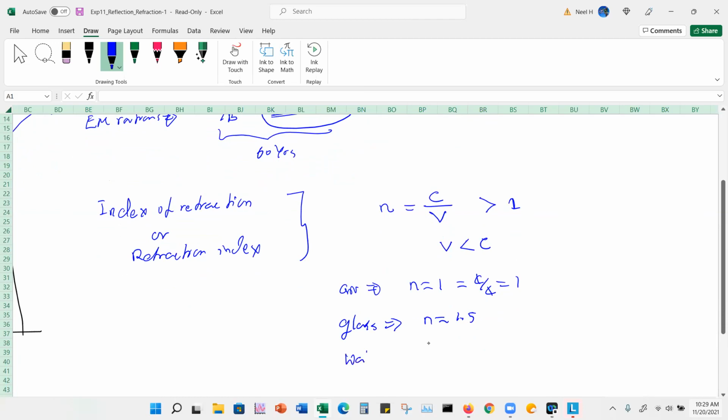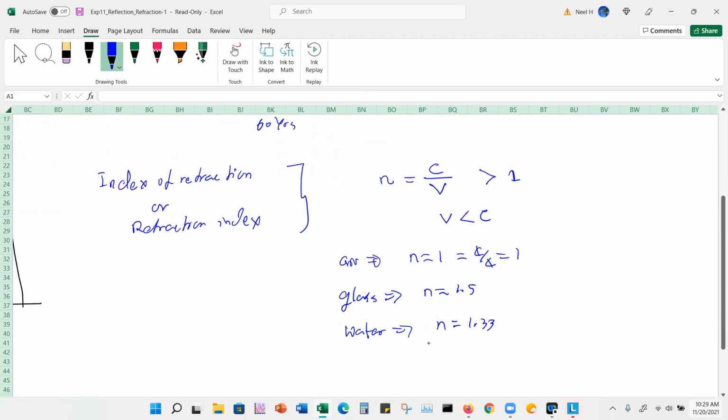If I have water, this number is about 1.33. If I have a diamond, the index of refraction is about 2.4. That's about the highest refractive index we can see most of the time from an application perspective.